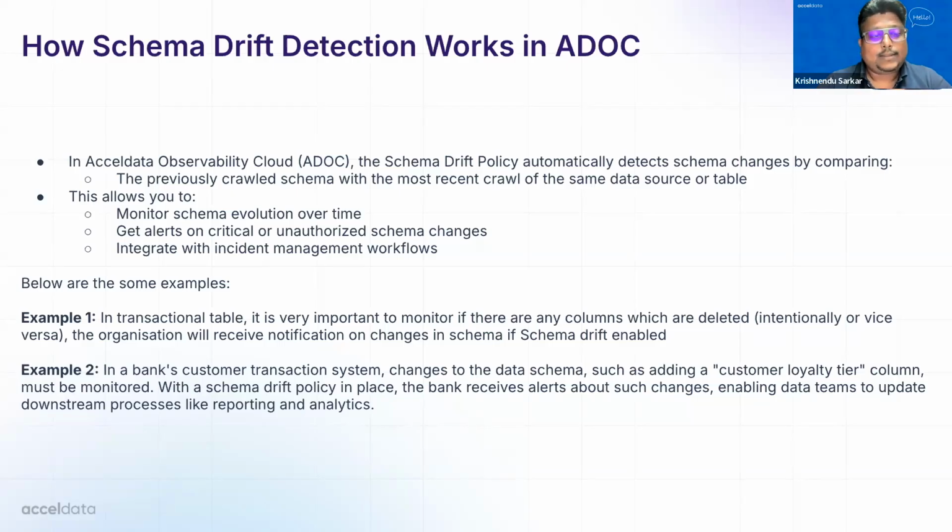The second example, let's say in any bank, for a customer transaction, changes in the data schema, such as adding a customer loyalty tier column, must be monitored. With a schema drift policy in place, the bank receives alerts about such changes, enabling data teams to update downstream processes like reporting and analytics. So that's all from the schema drift policy.